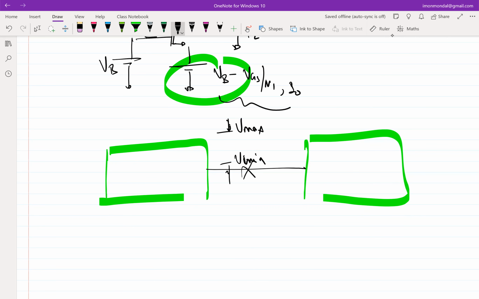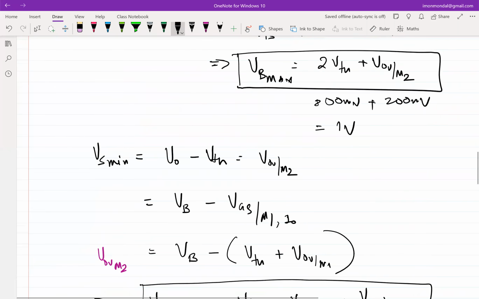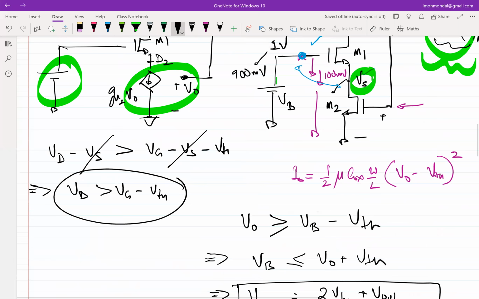In that way of biasing, let's assume the case of a diode connected device, observing at the drain and feeding back at the gate.